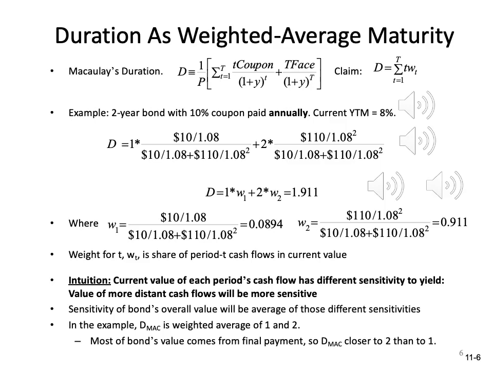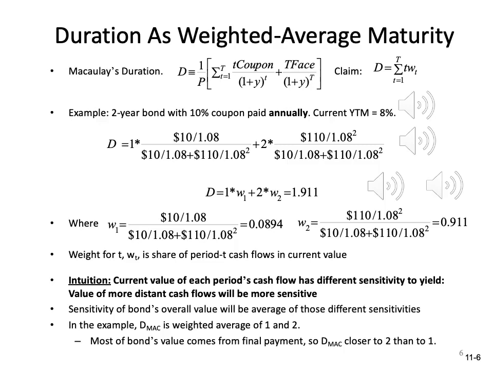The first cash flow is the $10 coupon payment divided by 1 plus 8%. The second cash flow payment in this bond is the $100 face value plus $10 coupon. Because you receive $110 in year 2, it's going to be discounted at 1 plus 8% squared. So the denominator is the price of the bond.